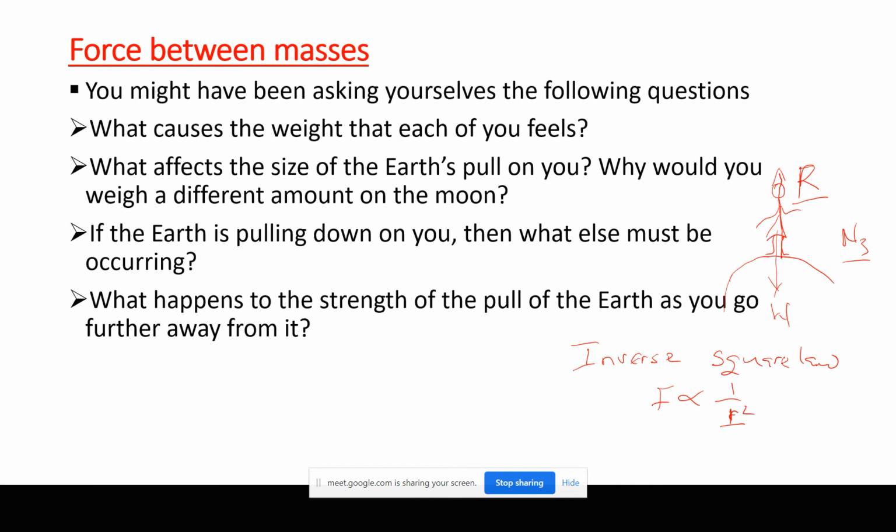Law number 3, that is, Asen, can you tell us law number 3? For every reaction, there is an equal.